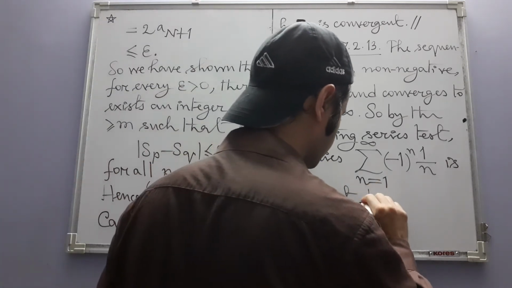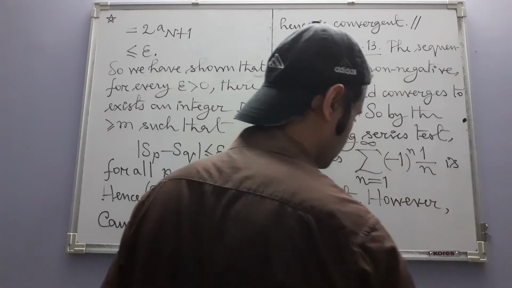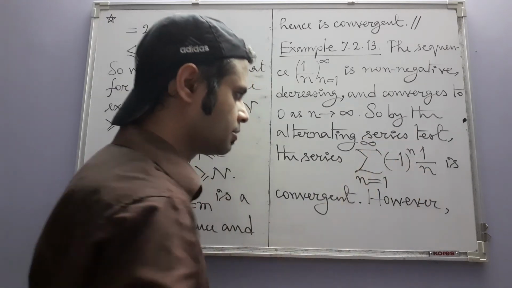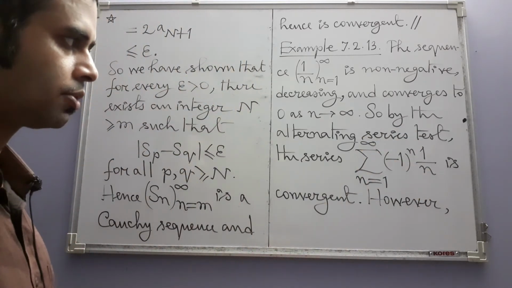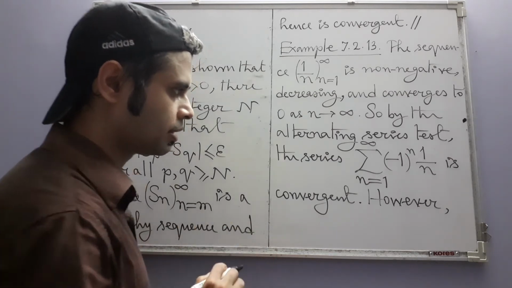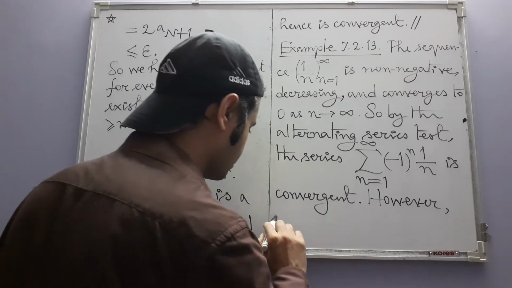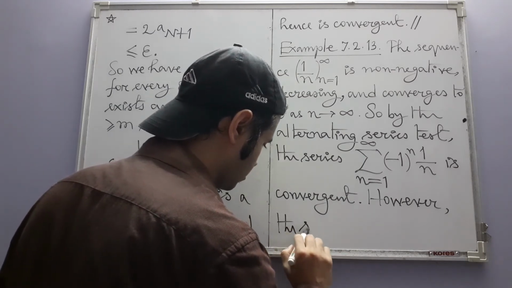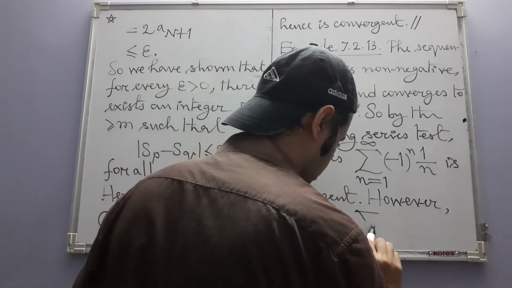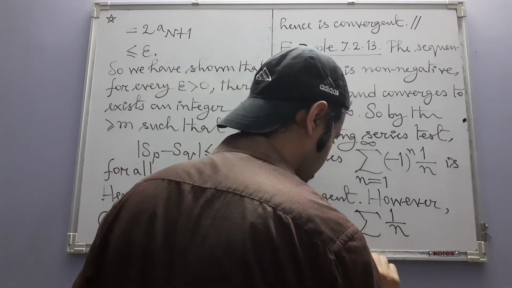However, if you take the absolute values of the terms of this series and consider the corresponding absolute series, which we consider in the definition of absolute convergence, then you get this series, which has the name harmonic series.